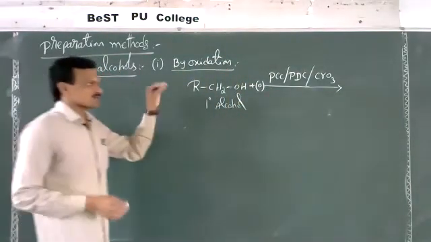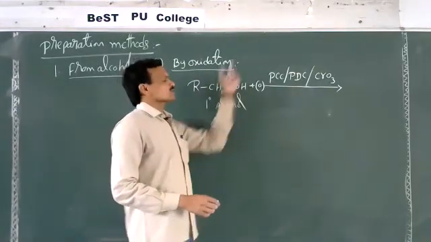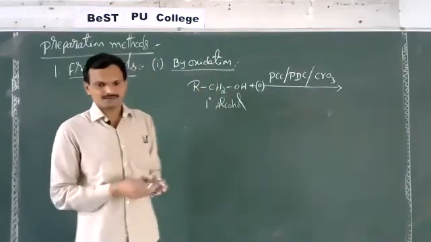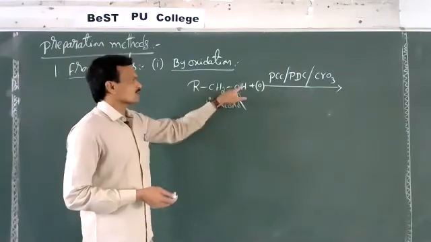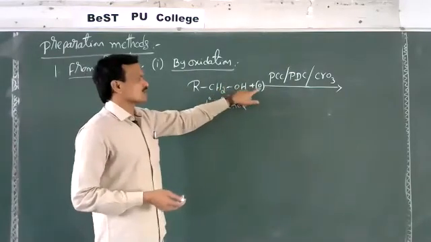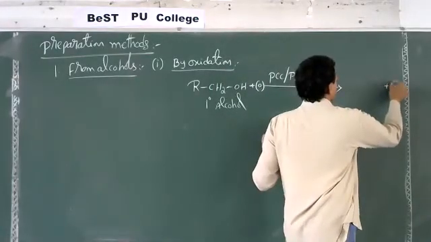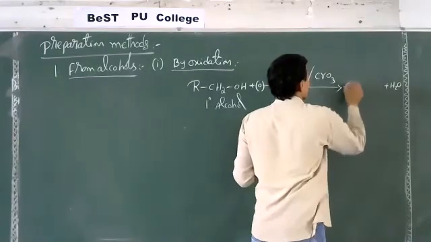So these oxidizing agents can oxidize primary alcohols to corresponding aldehydes. What will happen here is from this CH2 one hydrogen, and from OH one hydrogen, and this oxygen forms a water molecule, H2O, and the remaining is nothing but RCHO.